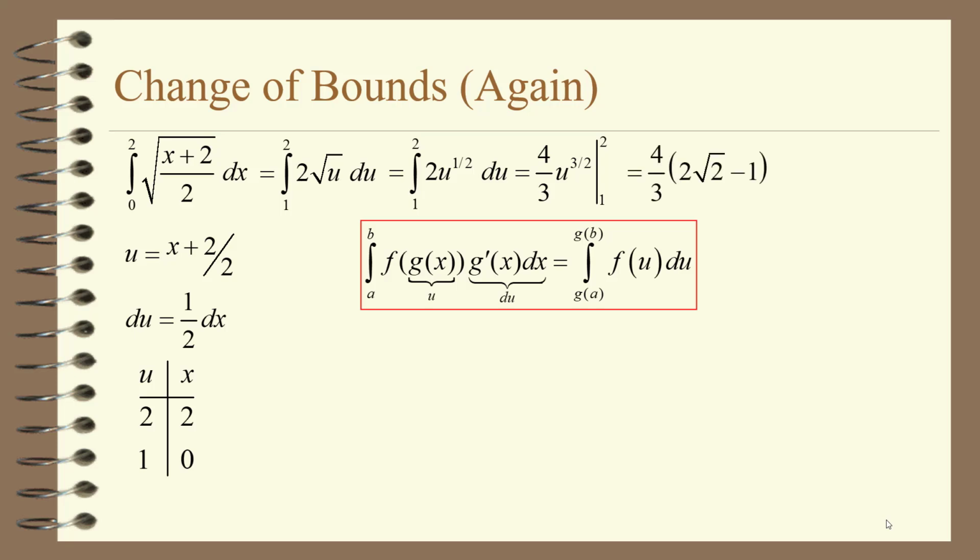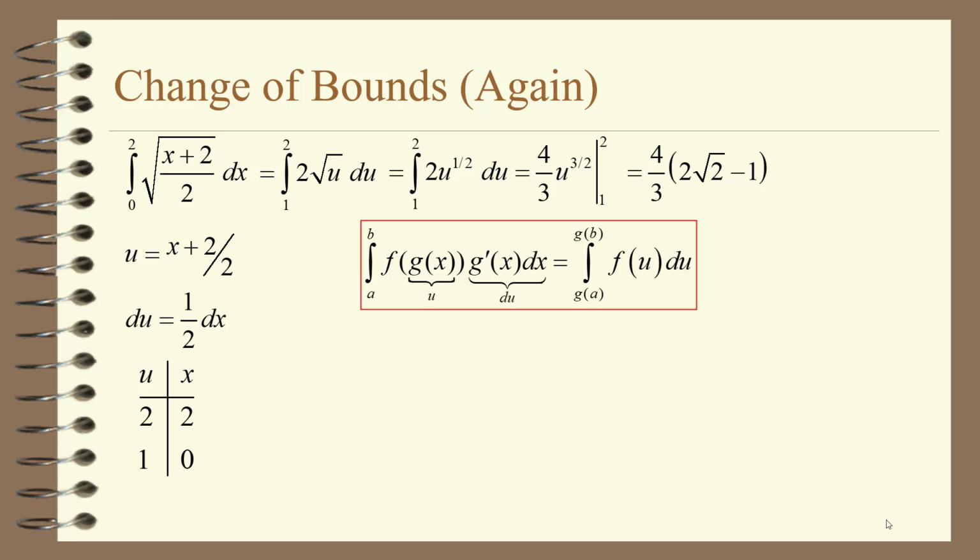Notice by changing the bounds, I never did the step of going back to x. That's why when I do antiderivatives, I always keep saying to you, that's the answer in terms of u. I want the answer in terms of x, because here I don't want the answer in terms of x. I want a number. So you never have to go back to x. You just do it with the new bounds. It's the same as doing it without.